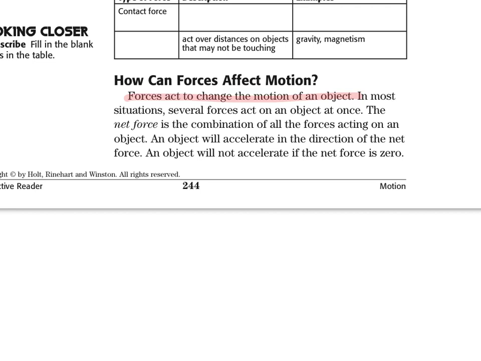If I want to know how force affects an object, I'm going to figure out what we call the net force on that object. So what is the net force? It is the combination of all forces that are acting on that object at the same time.